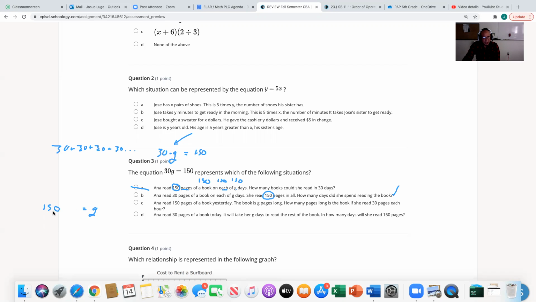So it seems that after those 150 pages, she's reading 30 pages each hour. I'm kind of confused. Maybe there's a lot more going on than just 30 pages times the number of days equals 150. So I'm going to say no to that one.